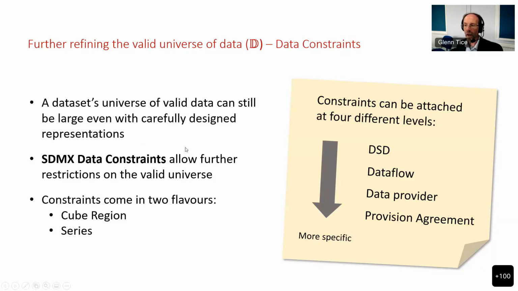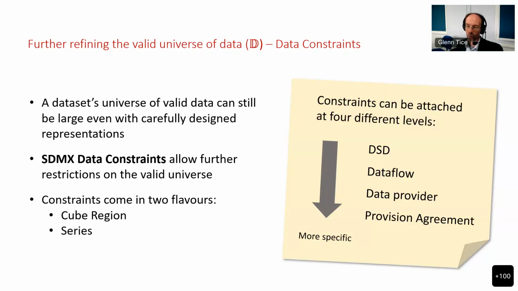So you may, in your data exchange, want to restrict the frequencies that can be reported, perhaps to annual and monthly, but you still want to use the standard frequency code list. You don't want to create a custom code list which only has annual and perhaps monthly.